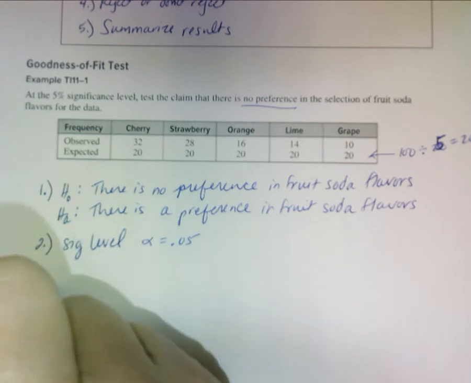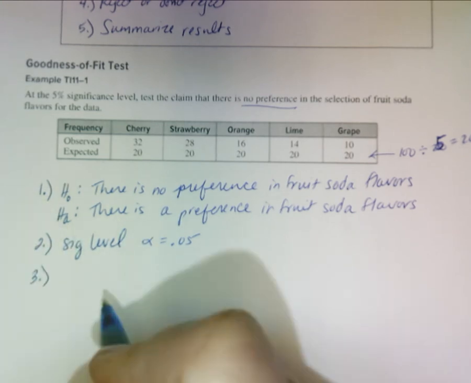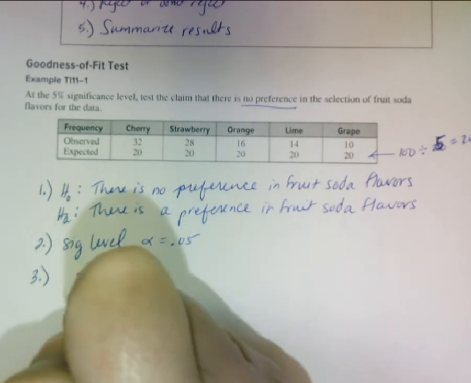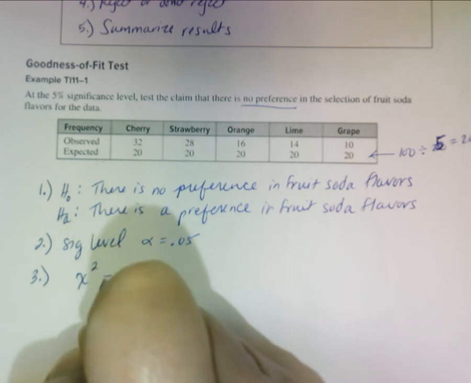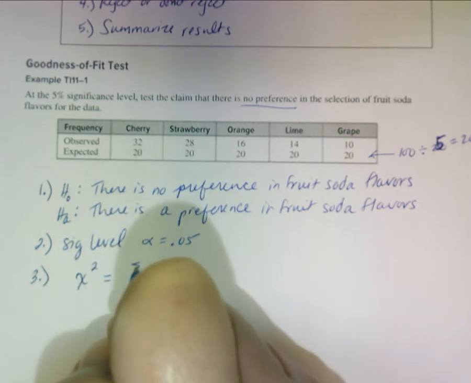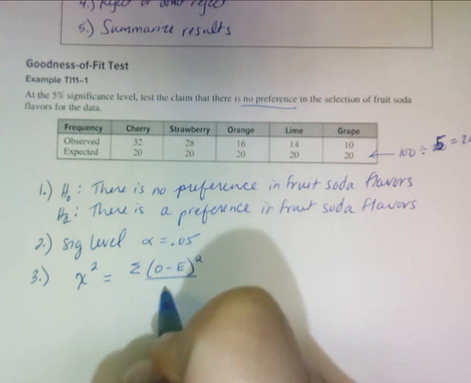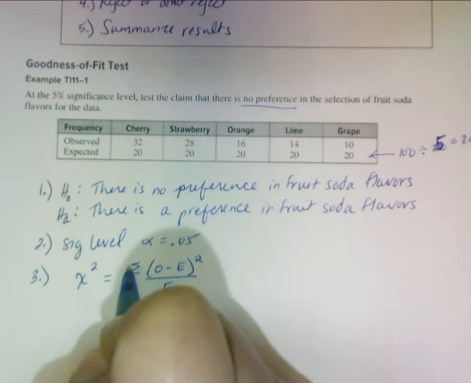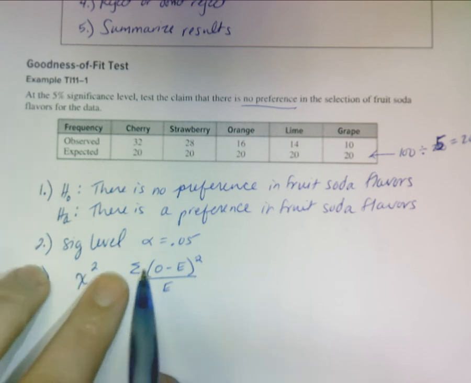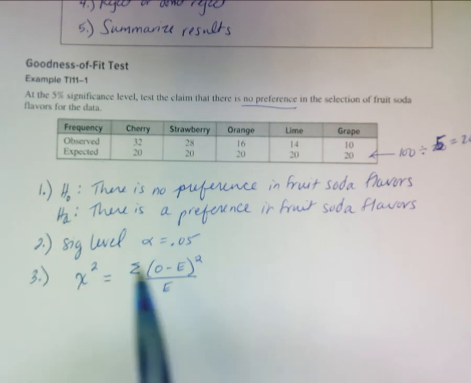Step number 3. Okay, here we go. The chi-squared step. And I'm going to write down my formula, which is the sum of my O minus E squared divided by E. Actually, that should be the sum on the entire thing, not just the top, just so you know. All right, what does this mean?